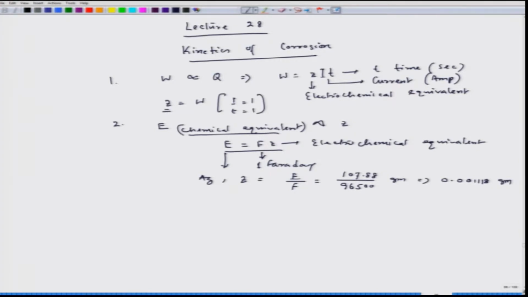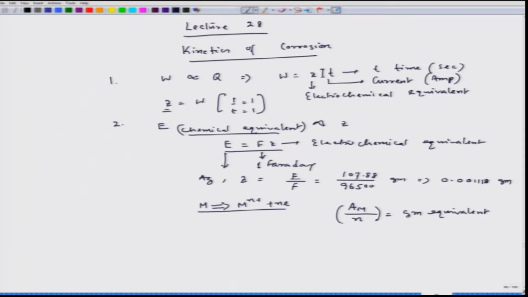Now, we try to understand the importance of these two equations on corrosion rate. Whenever we talk about M going to M n plus plus n e, that time its gram equivalent would be A m, which is the atomic weight of that particular metal, divided by n. This is equal to gram equivalent. Fine.